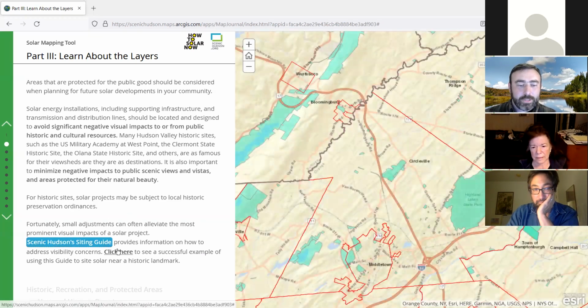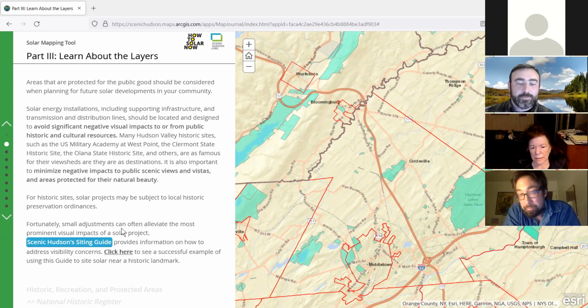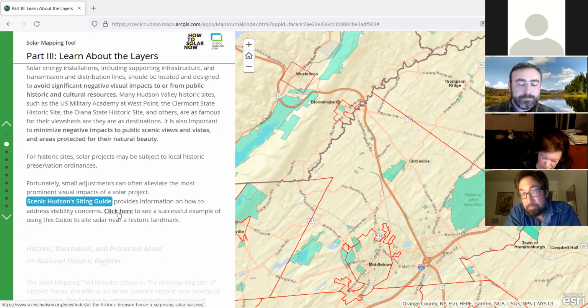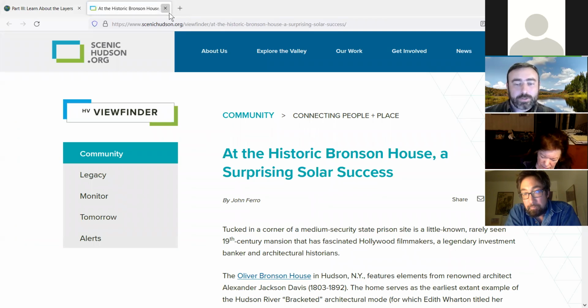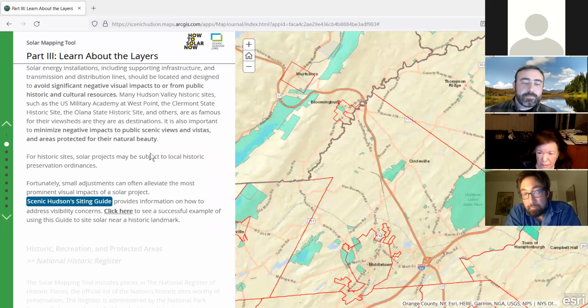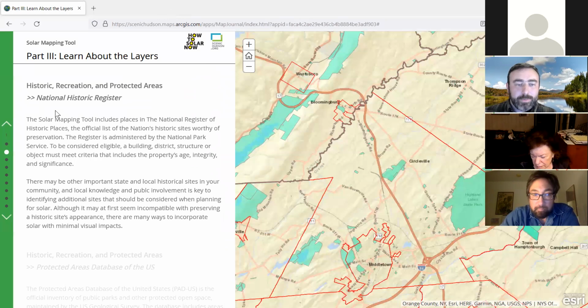The other thing we have in here is a link to an example of a successful experience that Scenic Hudson had with a historic landmark. That links out to an article about it, the historic Bronson House. That is represented by the National Historic Register.